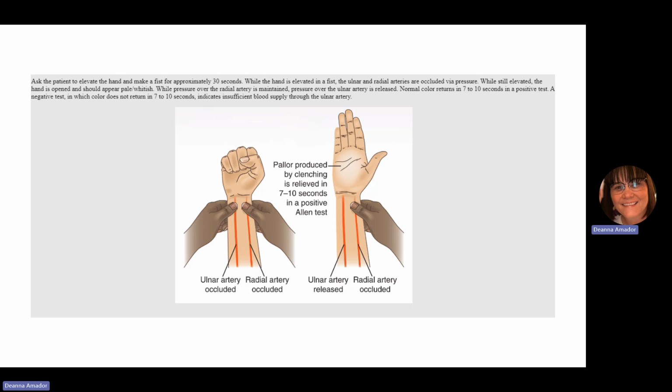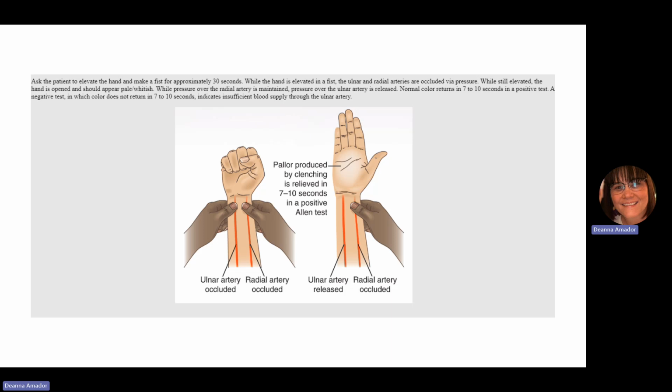While the hand is elevated, the respiratory therapist or whoever is inserting the arterial line, nurses can do it too if you're trained, occludes the ulnar and radial arteries at the same time with pressure. They would then open the hand, and it should appear white.